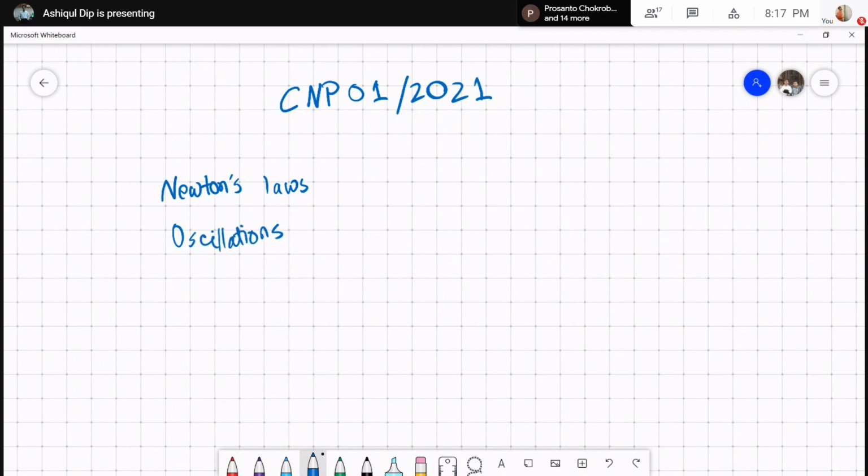We'll encounter a nice differential equation and we need to know the strategy to solve it. And then mechanics in non-inertial frames. So these three things we are going to cover today.